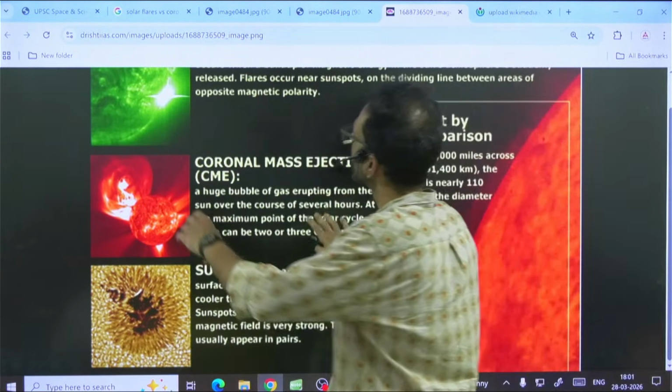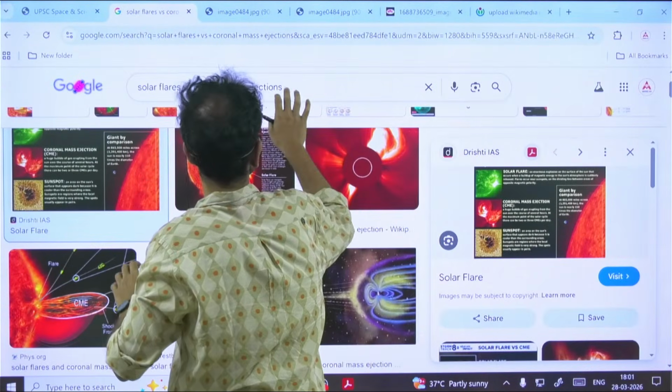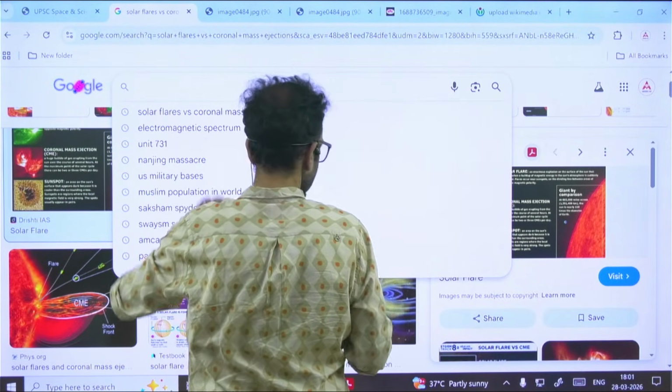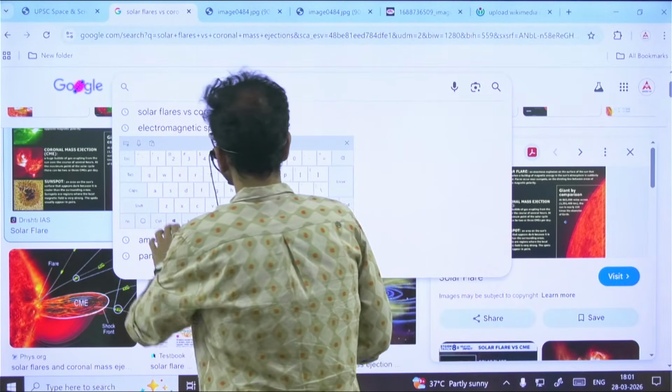Now, what is aurora borealis? How many of you know aurora borealis?